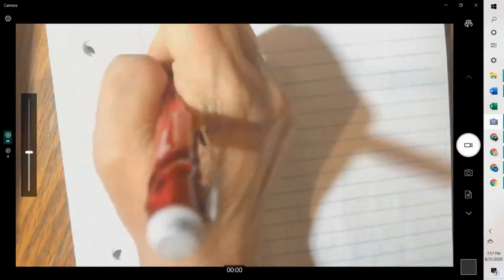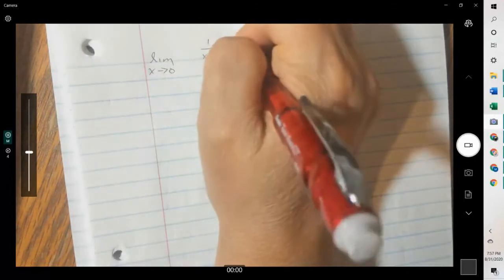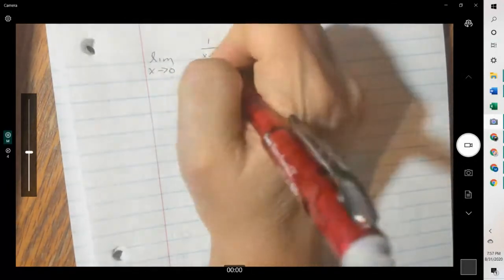Okay. Now these are from your book. If you do look on your ebook, they're at the end of section 11.1. But if we find the limit as x approaches 0 of 1 over x plus 2 plus 1 over 2 all over x.